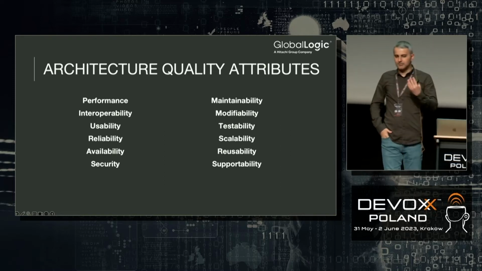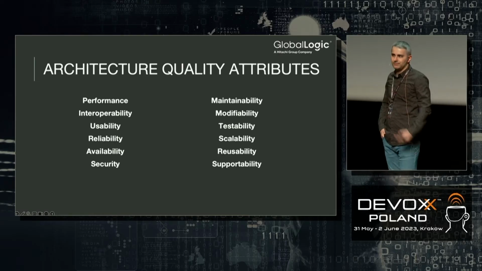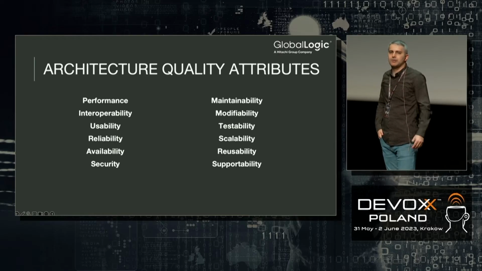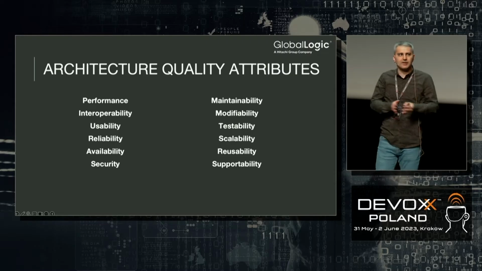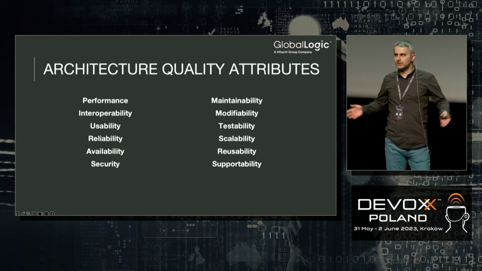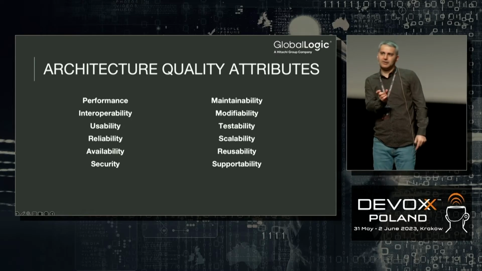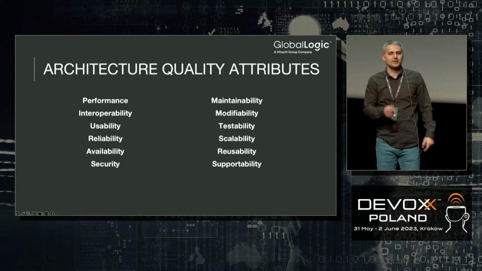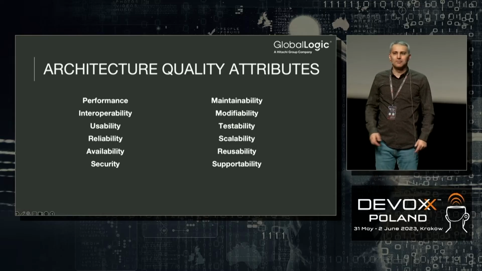Now, when we speak about architecture, it is usually about quality attributes. We have 12 classic quality attributes. Each of them can be split into many sub-attributes, or like in a joke, you can add "ability" to any word and say it's an architecture quality attribute, like, I don't know, medicability.